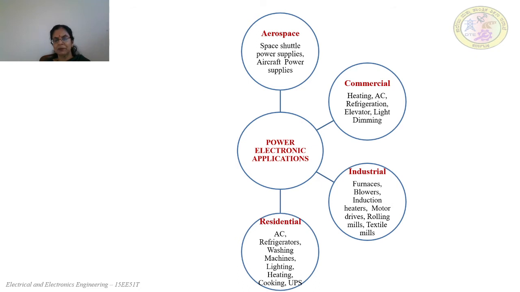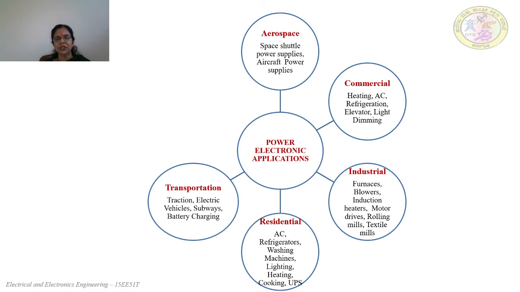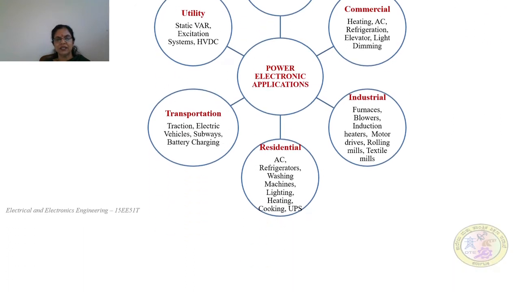For residential purposes in AC, refrigerators, washing machine, cooking, UPS, etc. For transportation, it is used in traction, electric vehicles, subways, battery charger. In utilities, static power, excitation systems, and also in HVDC.